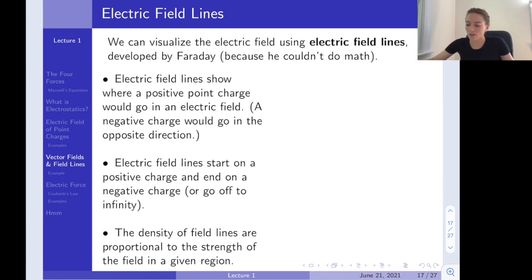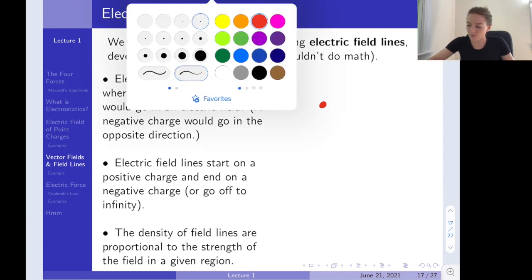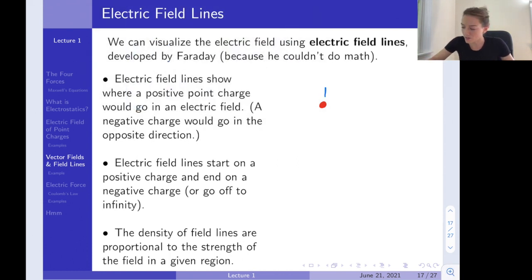Electric field lines show where a positive point charge would go if placed in this electric field. I know it's a little confusing because it seems like an extra positive charge floating around. Let's say I have a positive charge. It emits an electric field in all directions, so I've got an electric field going outward like that.